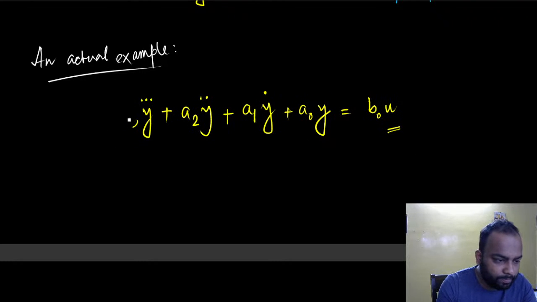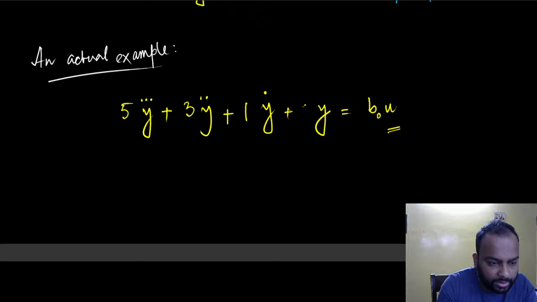That would be an actual example. So if I put values here, say for example 5, 3, 1, 6, and say this is 10. Okay, let's say this is 7.